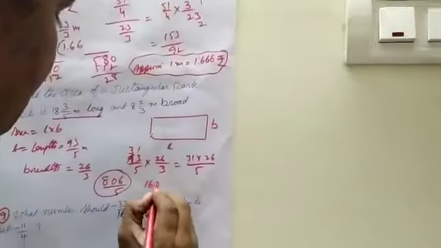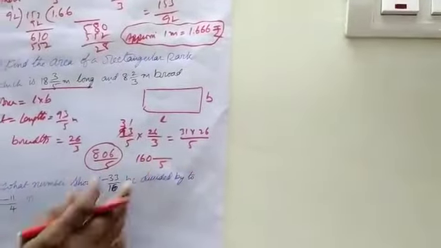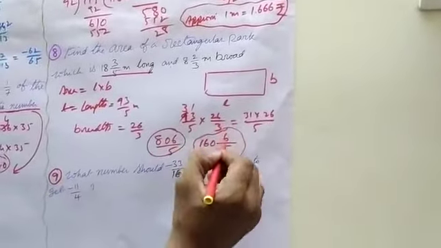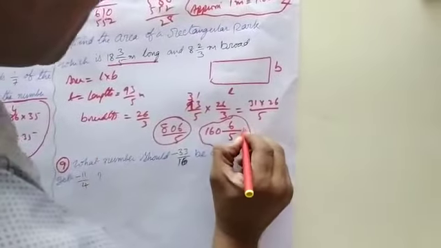Here means 160, 160 means 800... 166 by 5, 166 by 5 meter square.